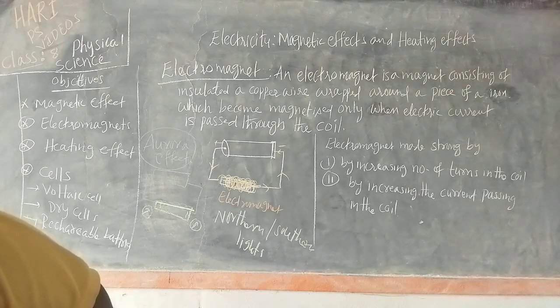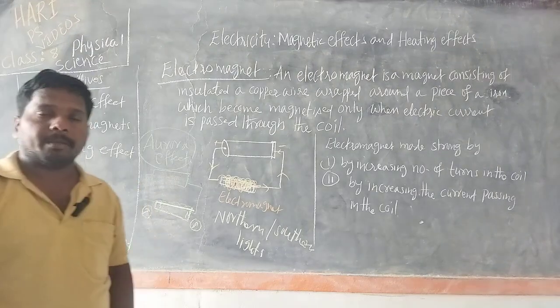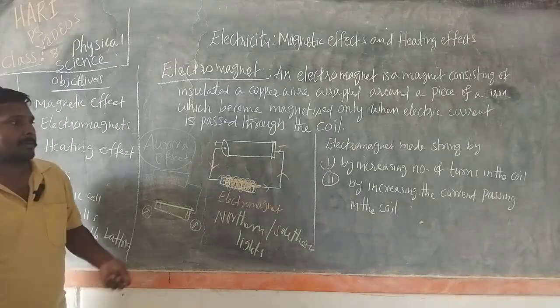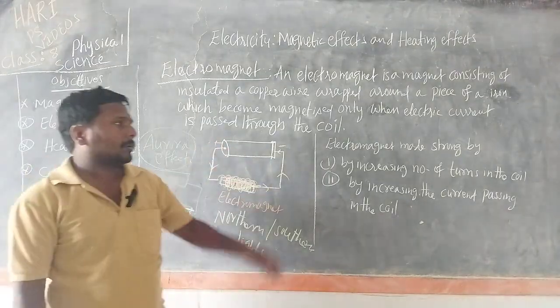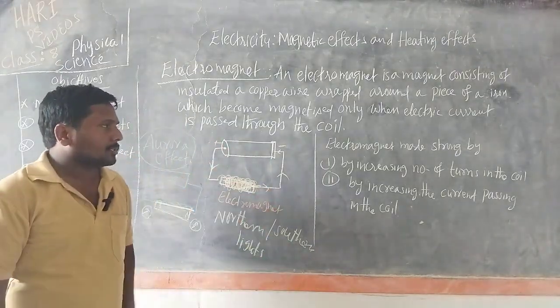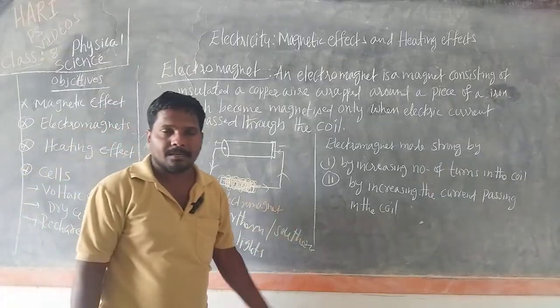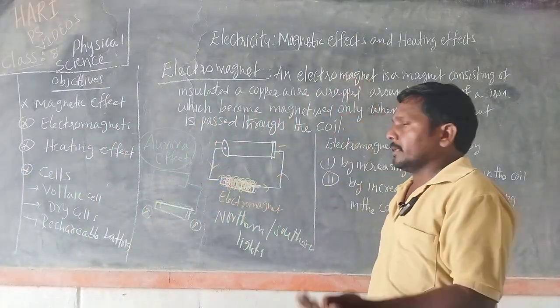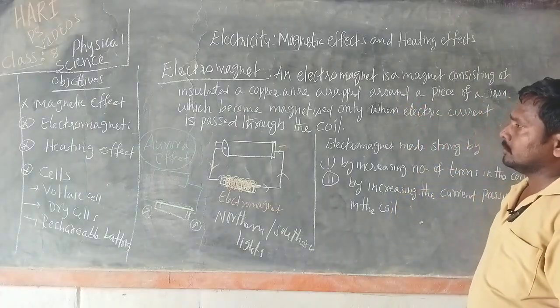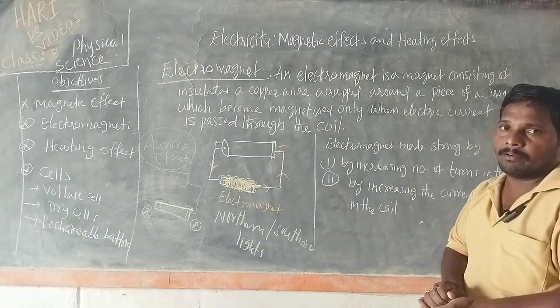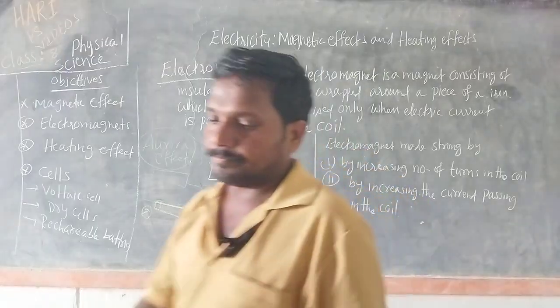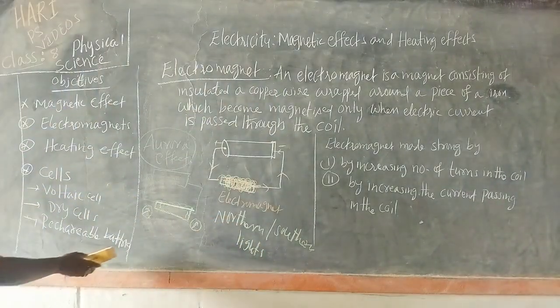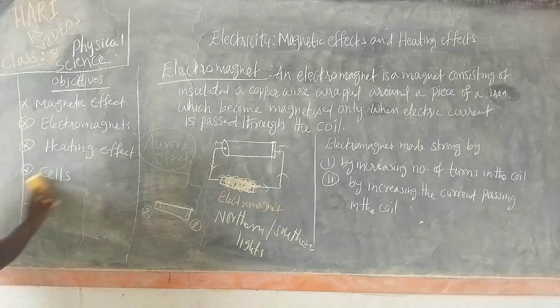For this purpose I am explaining this electromagnet topic, because understanding the uses is easy and interesting. Here I am going to explain the uses of electromagnets in our day-to-day life.